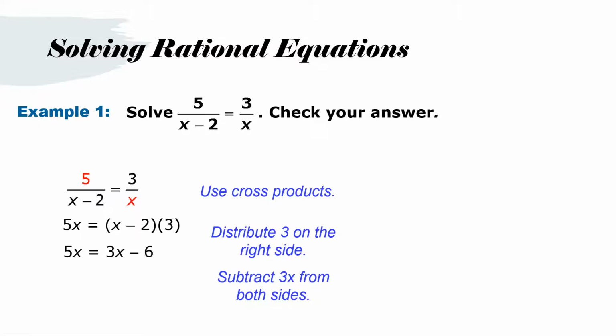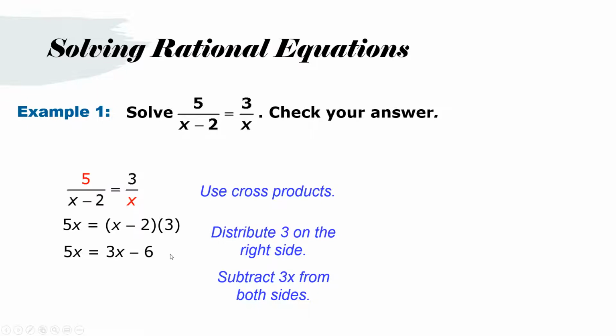Now, we are going to subtract 3x from both sides. Remember that our target is to place all the terms with the same variable on one side. So we subtract 3x from both sides: 5x minus 3x, and on the other side 3x minus 6 minus 3x.